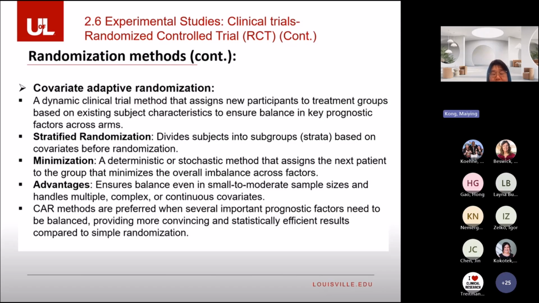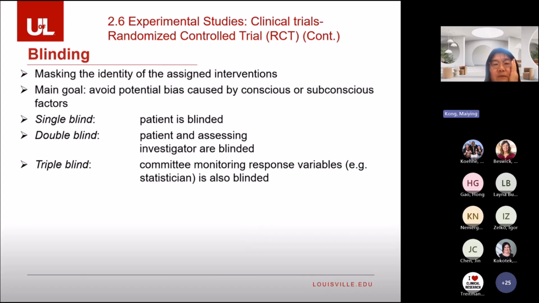The advantage here is that it ensures balance even in small to moderate sample sizes and handles multiple complex or continuous covariates. This covariate adaptive randomization is preferred when several important prognostic factors need to be balanced, providing more convincing and statistically efficient results compared to simple randomization.